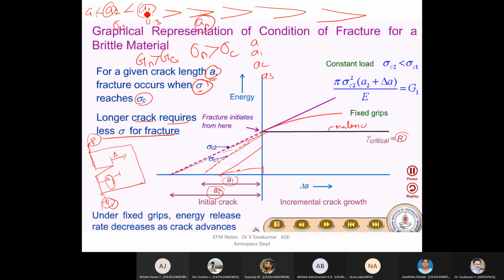A3 is a bigger crack length. So the stress will be more, because for the given crack length, the fracture occurs at sigma.